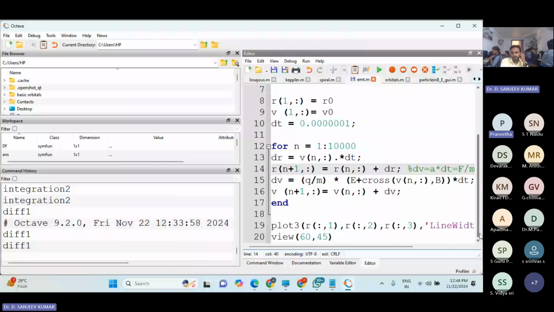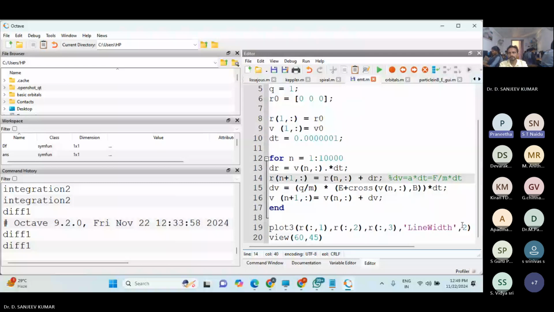And then I'm just plotting it. 3D plot of R1, R2 and R3. With line width 2. So all rows first column, all rows second column, all rows third column of R.